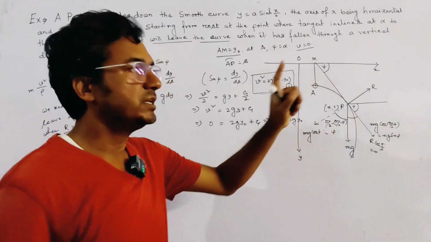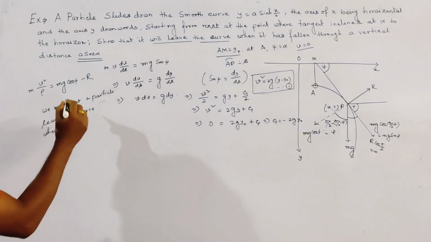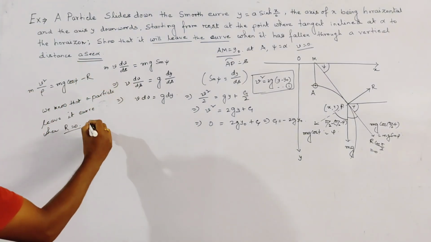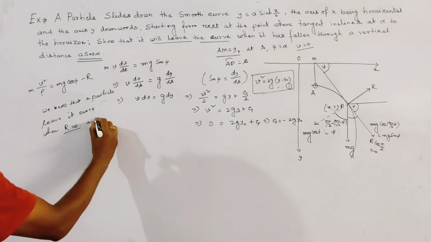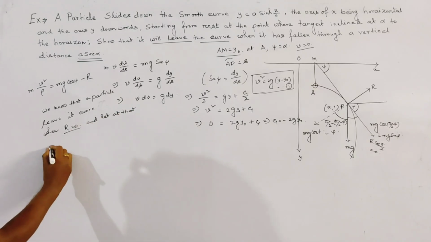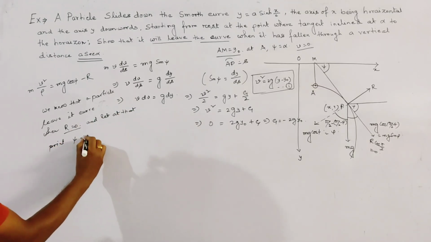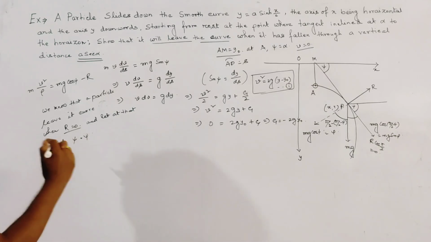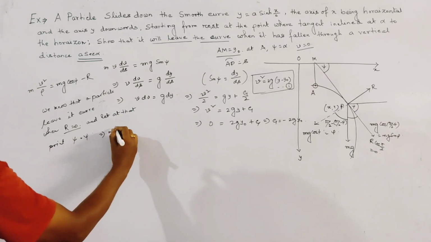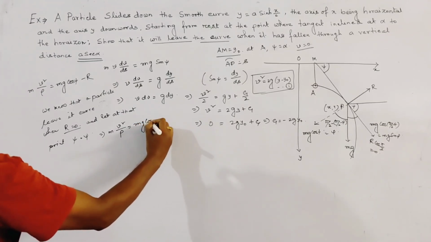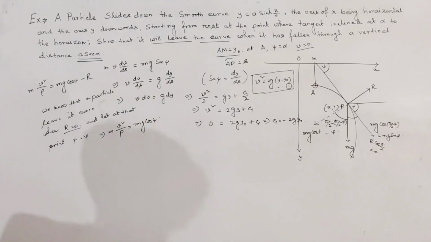Then the normal reaction is 0. So we put here R equal to 0, and let at that point psi be equal to psi, any general point. Now we get m v squared by rho is equal to mg cos psi, because R is equal to 0.